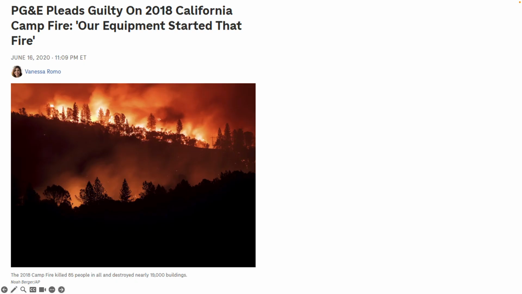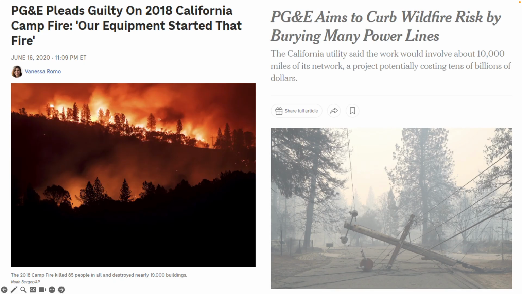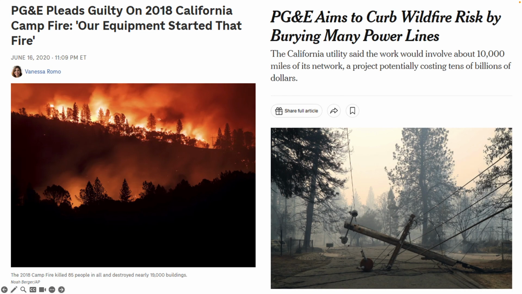And so that has changed the game a little bit in the sense that they have to be responsible for damages incurred by their equipment. And as a result, one of the things that they can do to reduce probability of wildfire outcomes is to essentially bury your power lines.